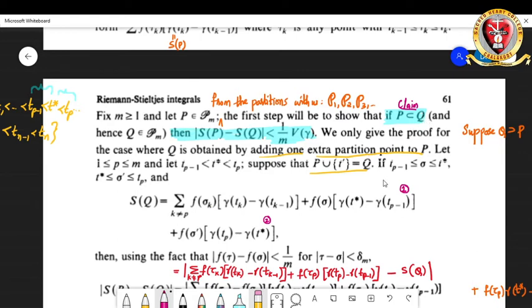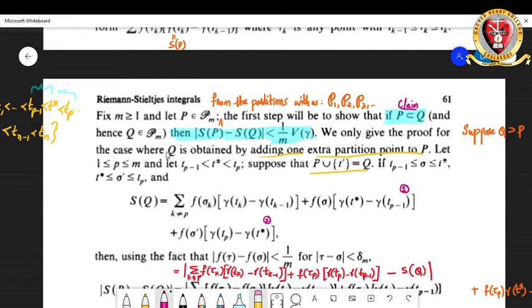We are giving the outline of the proof for that, and the rest will follow from there. So let this Q in the assumption be equal to P union a point T dash. Definitely P is a subset of Q, right?